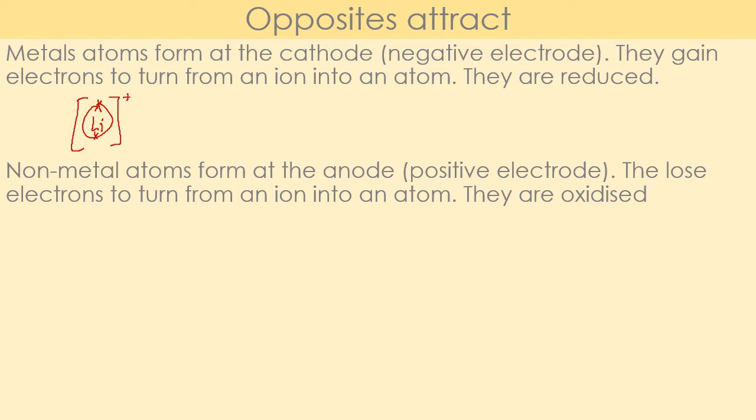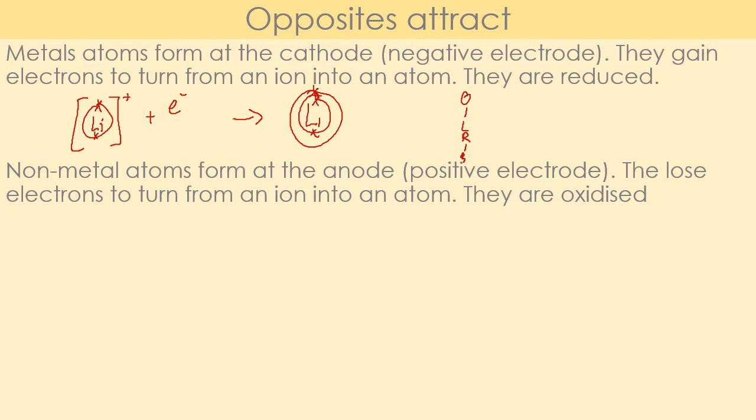If we have an electron just floating around and we add them together, and this electron is on our electrode, they're going to produce a lithium atom. This lithium ion has gained an electron, so it has been reduced. We know that from our acronym OIL RIG. Oxidation is loss, reduction is gain.